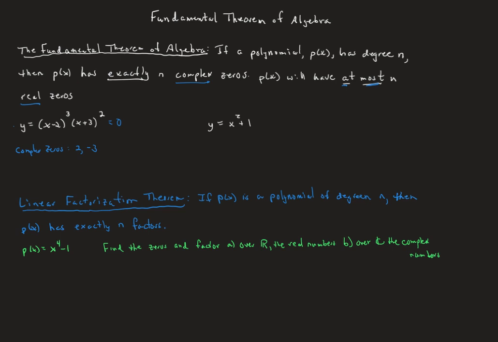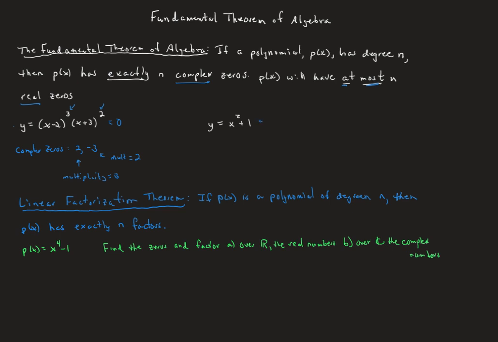Now remember, the way we're counting this is we're going to say that 2 has multiplicity 3, and that negative 3 has multiplicity 2. And so that still, in our counting scheme, is going to count for 5 zeros because the degree of this polynomial is 5. So it has 5 complex zeros. We might think of them as being 2, 2, 2, negative 3, negative 3. And those are also, in this case, 5 real zeros.